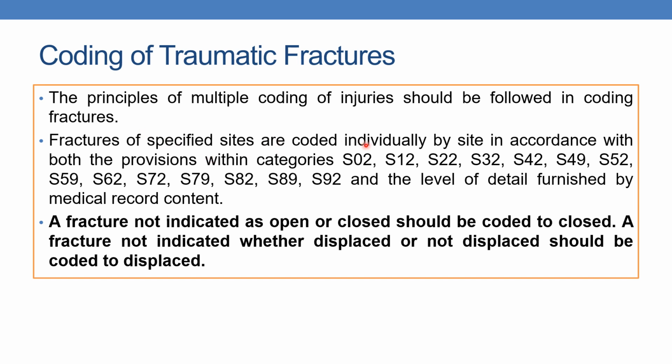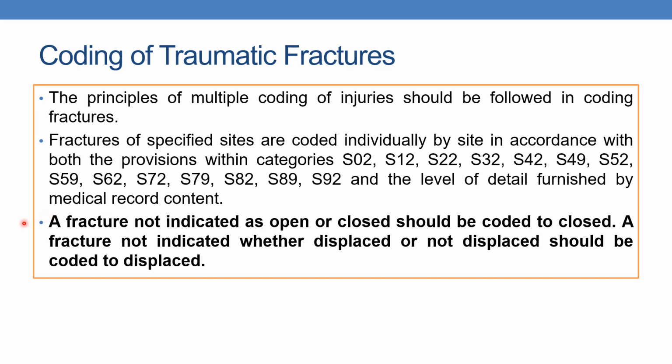The fractures of specified sites are coded individually by site in accordance with both the provisions within the categories S02, S12, S22, S32, S42, S49, S52, S59, S62, S72, S79, S82, S89, S92, and the levels of detail furnished in the medical record content.